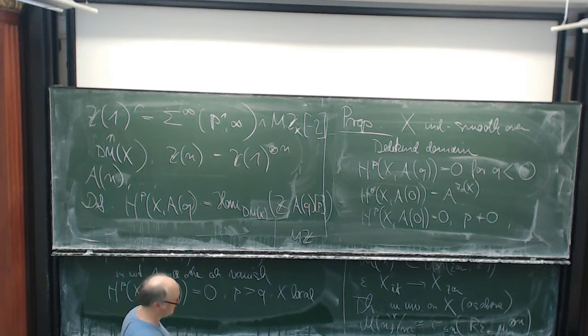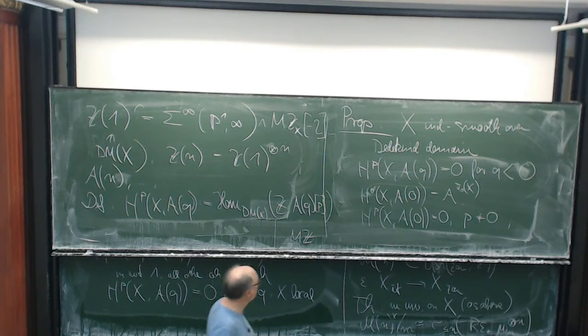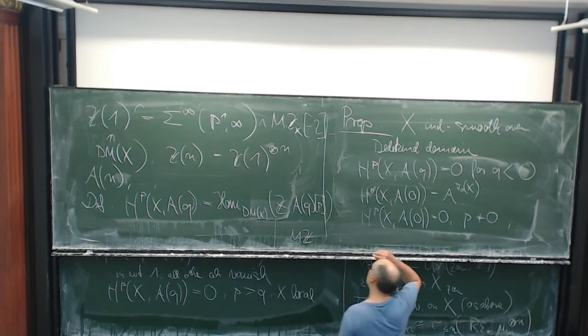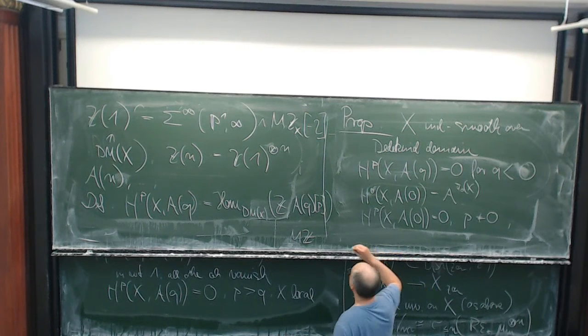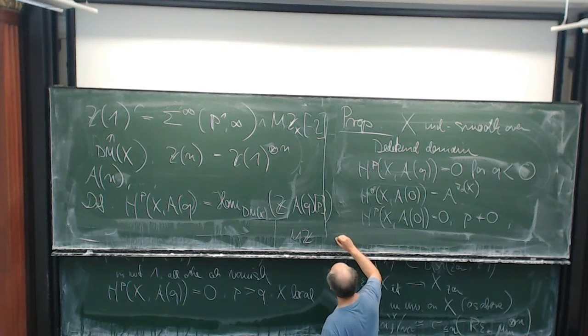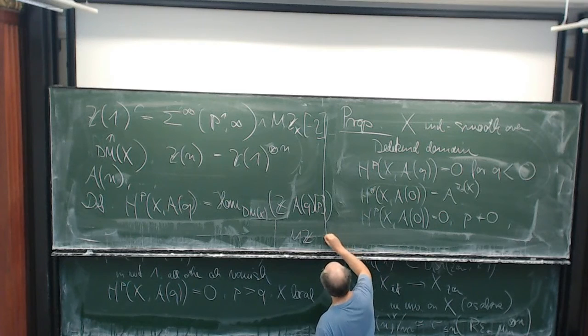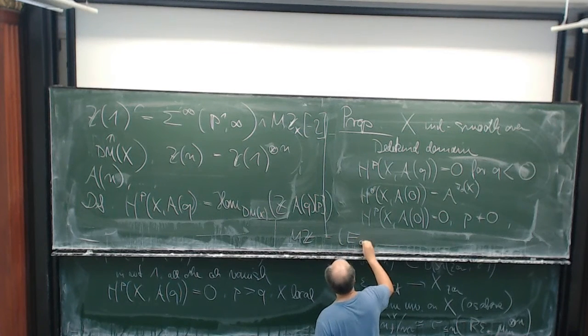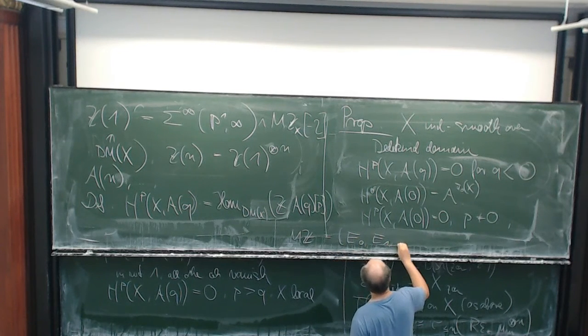And you take, so to say, an omega spectrum version of it. With respect to P1, we write the levels E0, E1, and so on.